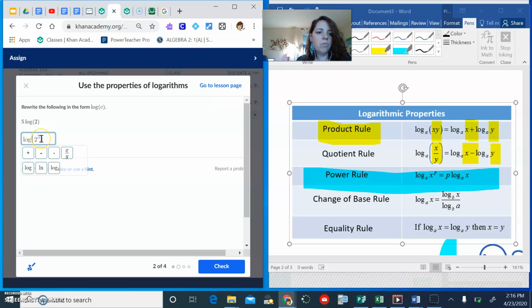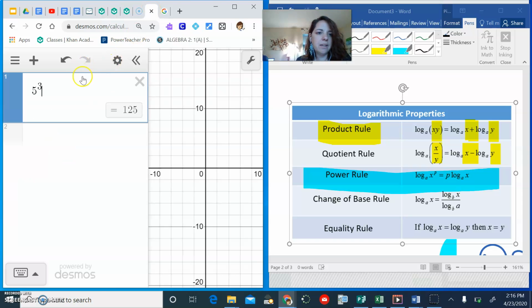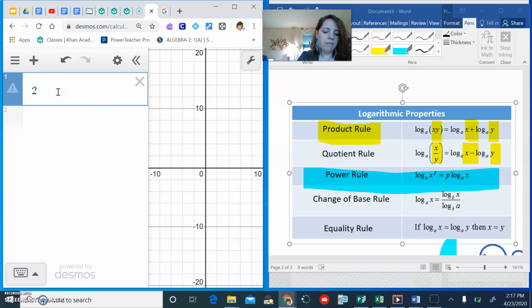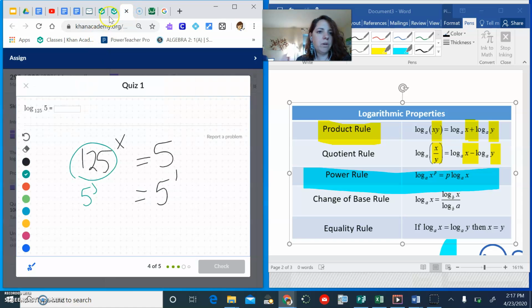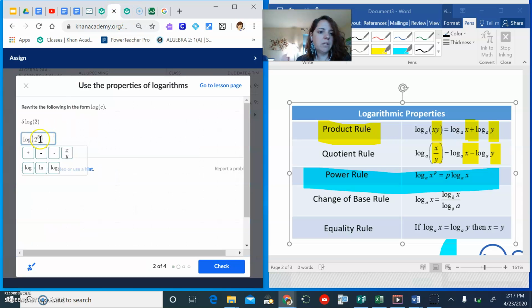So I need to know what 2 to the 5th power is. It's not 10. Common mistake. So let's check this real quick. 2 to the power of 5, it should be 32. There she is, 32. So if we go back to the question we're working on, I need to change that from 2 to the 5th to the number 32.